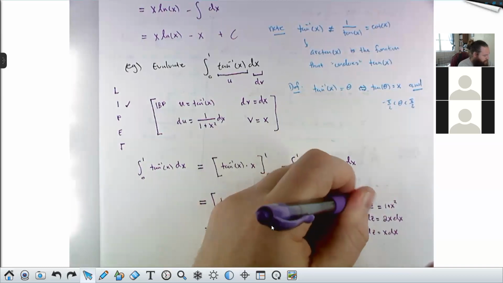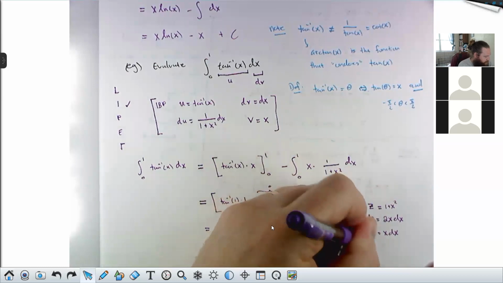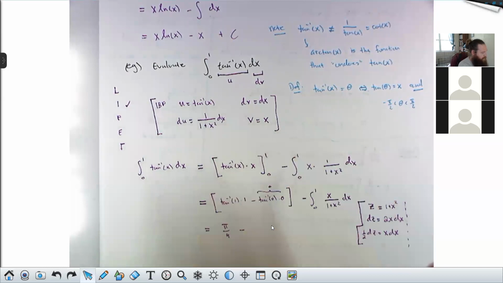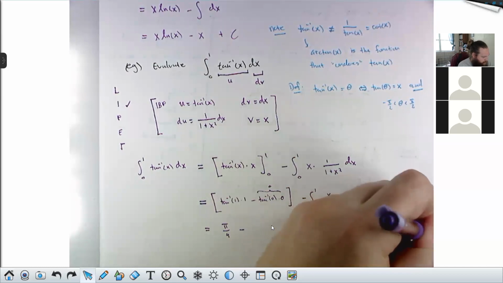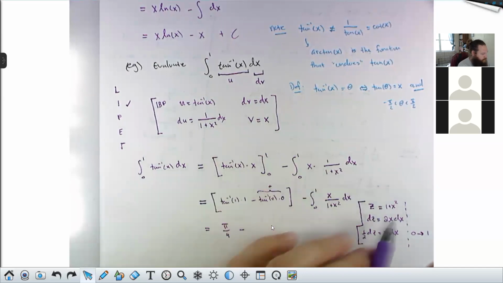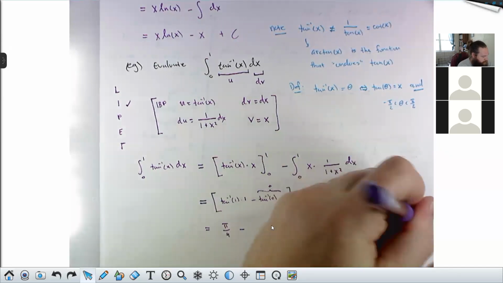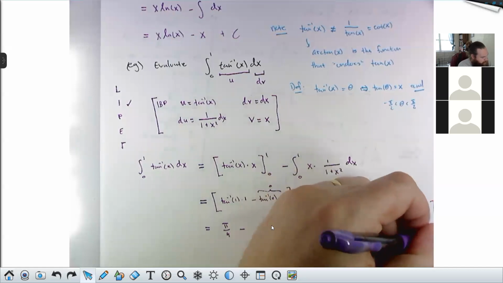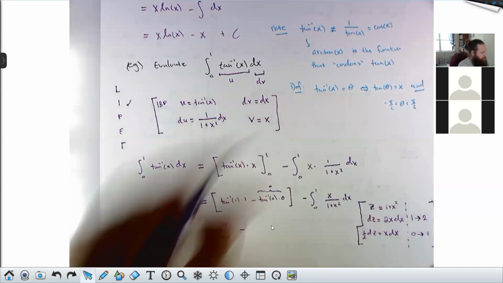Now, what else happens when I make that substitution? The bounds change. When x is equal to 0, z is equal to 1 plus 0 squared, so 0 goes to 1. And also, when x is equal to 1, z is equal to 1 plus 1 squared, so 1 gets mapped to 2. All right, there's all the stuff from my substitution.